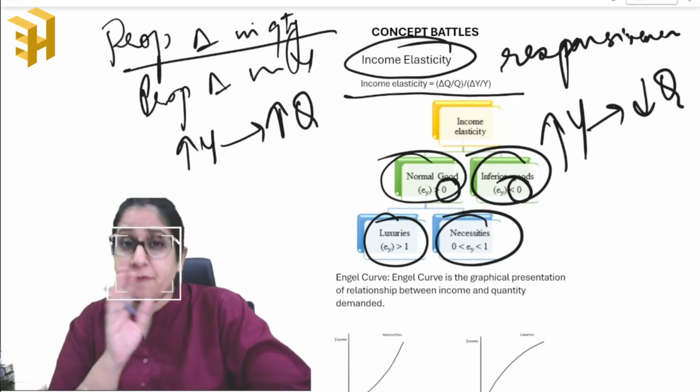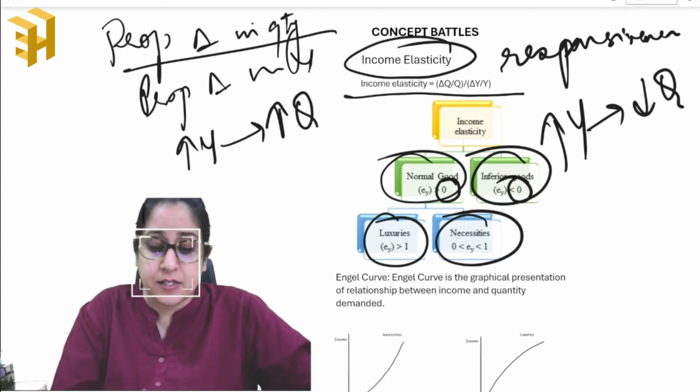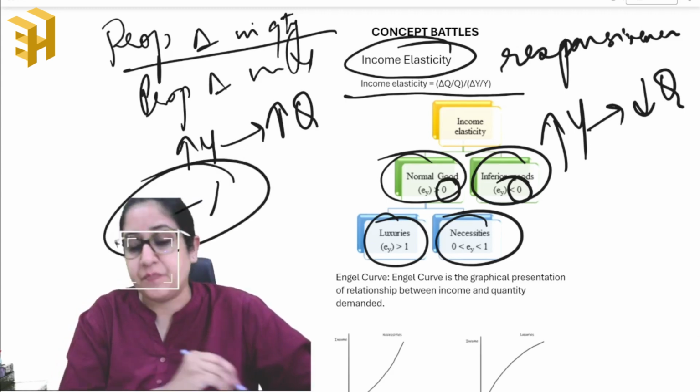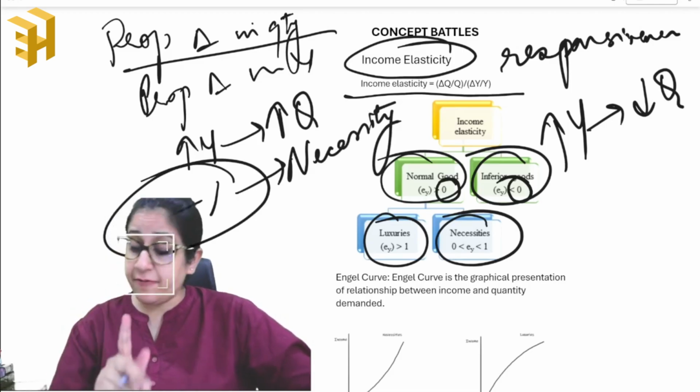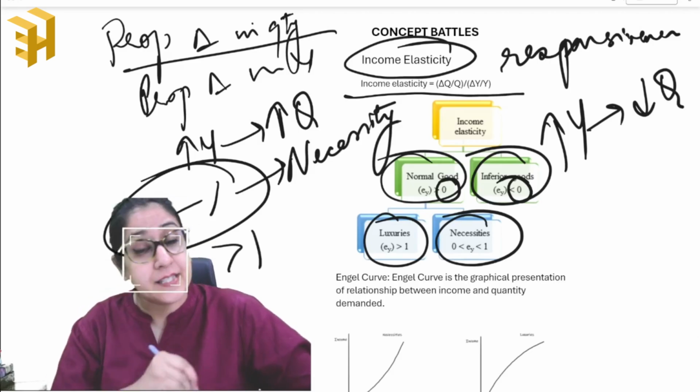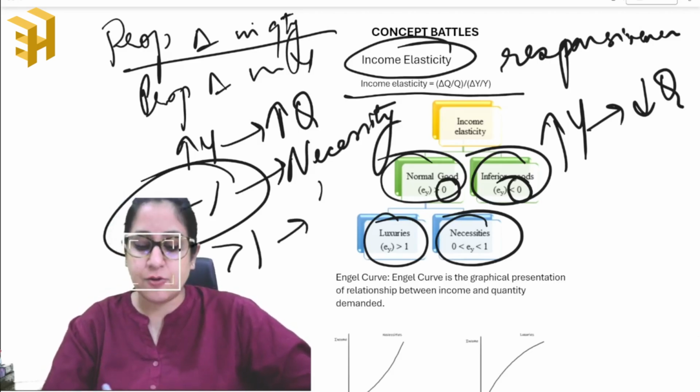So if the elasticity of income is between 0 and 1, that means your good is a necessity good. On the other hand, if your income elasticity is greater than 1, that means your good is a luxury good.